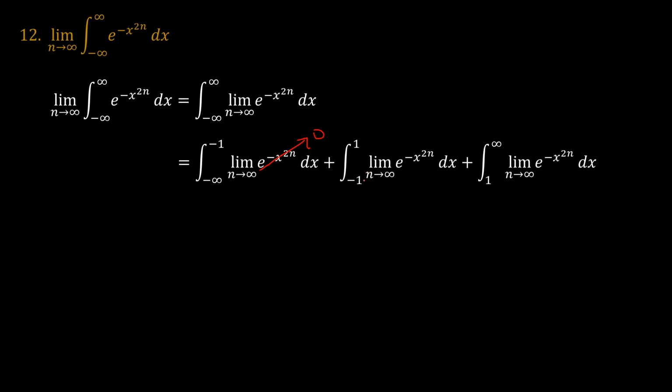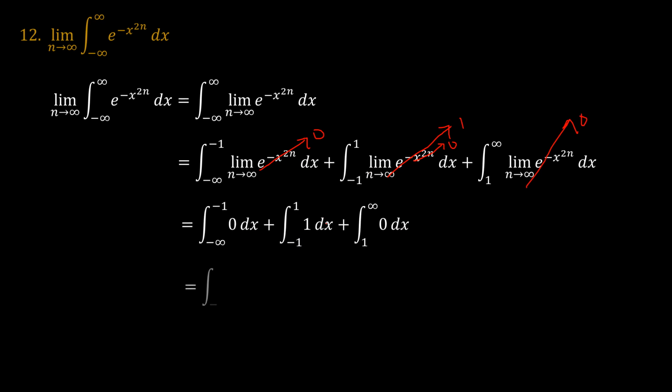However, between -1 and 1, as n tends to infinity, only the x to the power 2n part tends to 0, and so we're left with e to the power 0, and the entire expression tends to 1. Here, the entire thing tends to 0. So essentially, you're left with the integral of 1 from -1 to 1. And so you have x, lower limit -1, upper limit 1. And so you're left with 2.